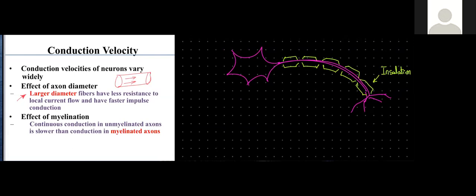The second function was something that we didn't mention, I kept it for today's topic, is to increase the conduction velocity. How do I increase the conduction velocity? Again, what is the action potential? Can you remind me?